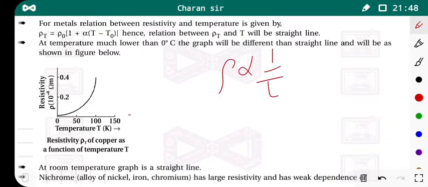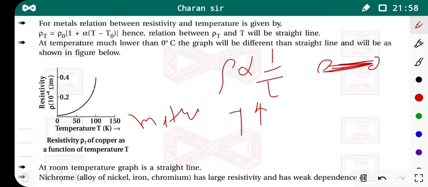Now we consider the metal case. In metals, when the temperature is increasing, collisions between electrons and fixed ions take place faster. That means the relaxation time will be small, and when the relaxation time is small, the resistivity is high.